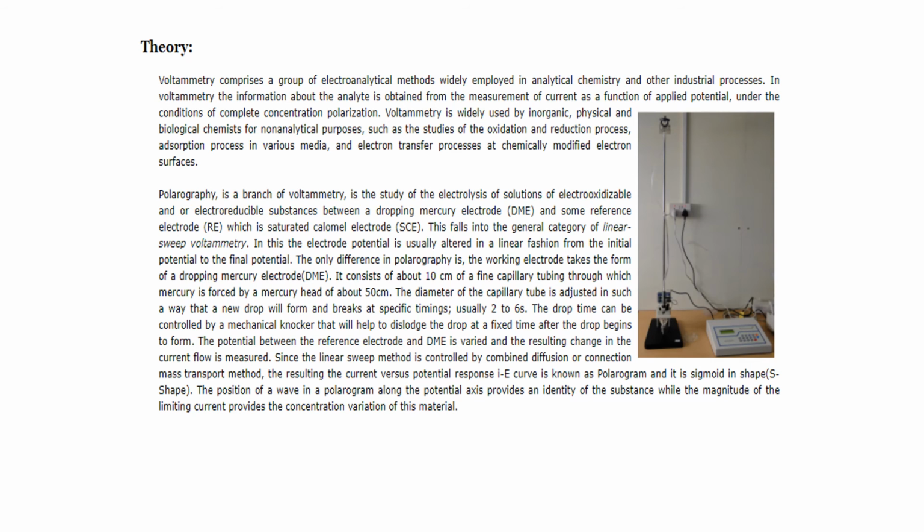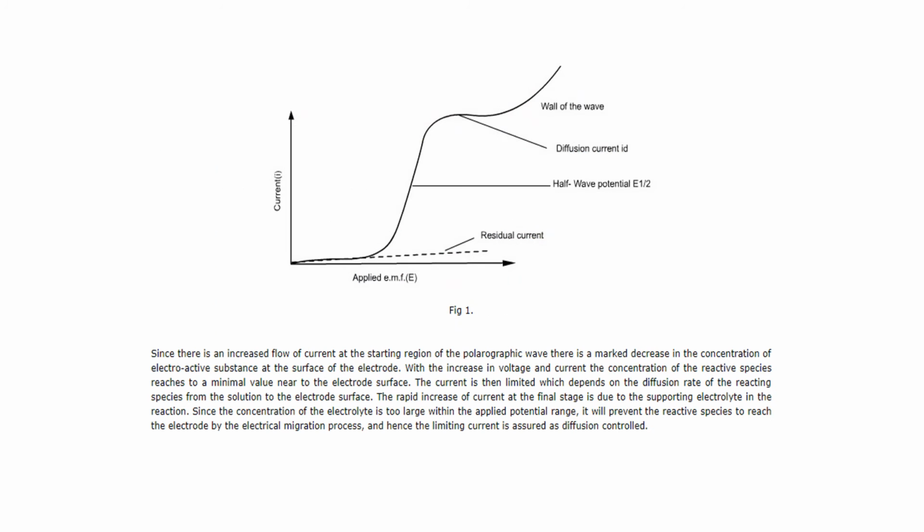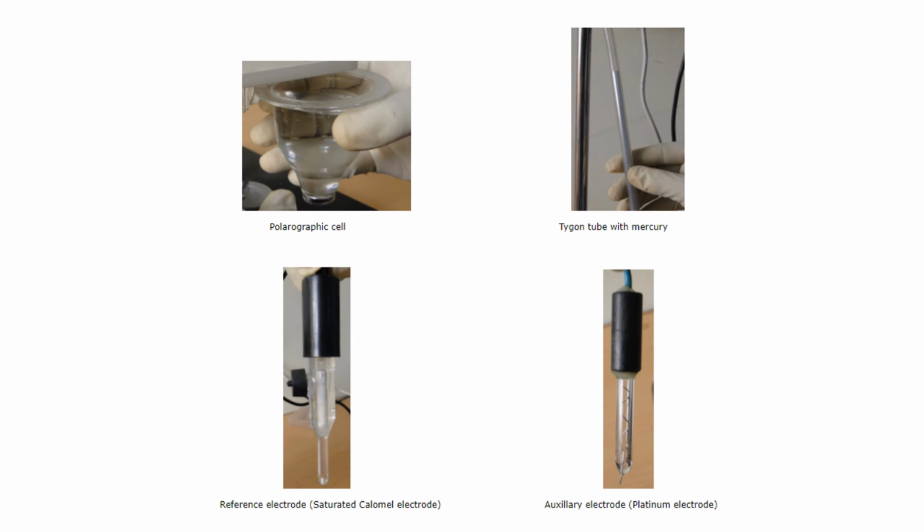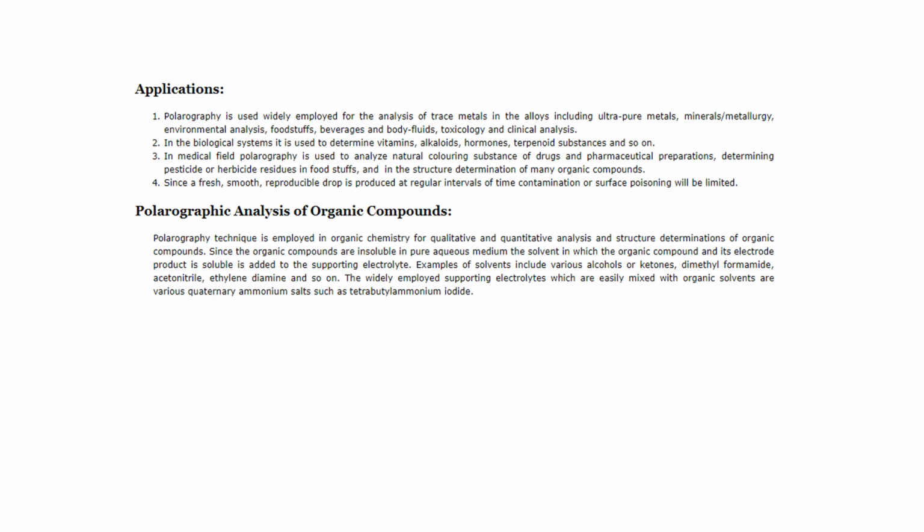You can go through the fundamental theory yourselves. This is how the polarography cell is set up, with the tube of mercury and the reference electrode. It is a very old method, with not many references, so I will focus on the application part.